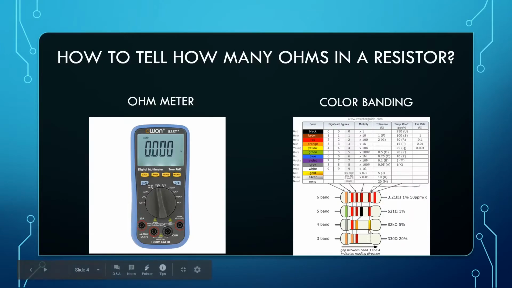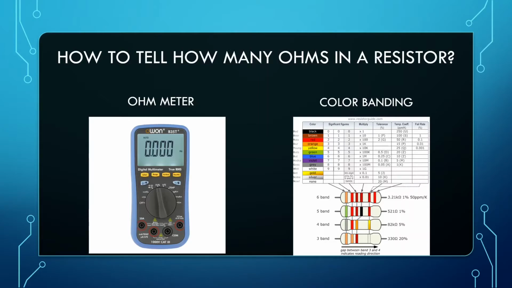But since this is gold, it has 5% tolerance. Don't worry about the letters, I personally don't know what these mean. But if you have any trouble with any of these resistors, you can go online and search for resistor color banding or color code, and you'll find a lot of resources.